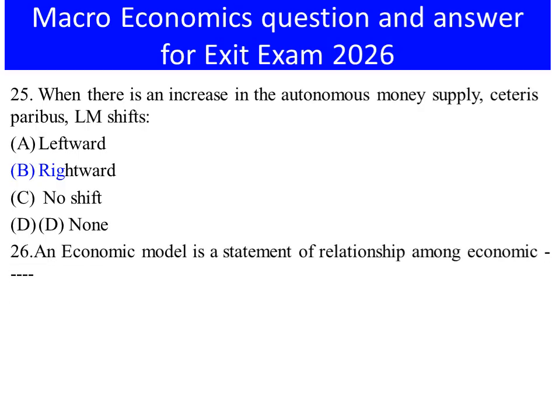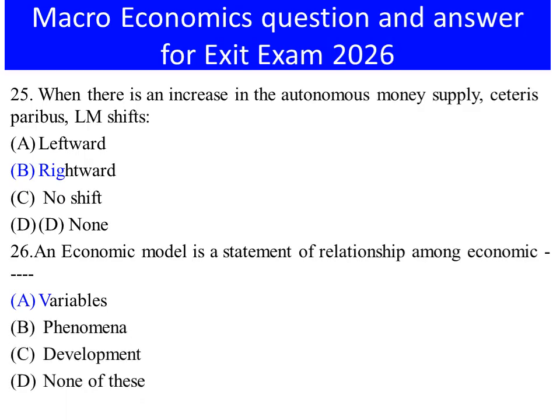Number 26, an economic model is a statement of relationship among economic blank. A, variables; B, phenomena; C, developments; D, none of the above. That is among economic variables.